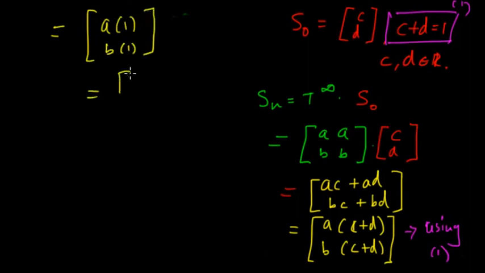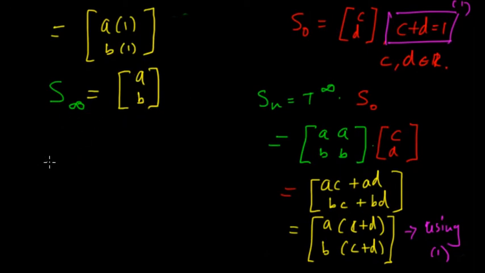So we get A, B. So in the long run, this is S infinity. And you can see that no matter what the initial condition was, you still get this final result. The initial condition does matter in the sense that if you got rid of it, you wouldn't get the same result. But no matter what numbers you put in there, as long as they add up to 1, you'll get this long run steady state, which is equal to A, B.